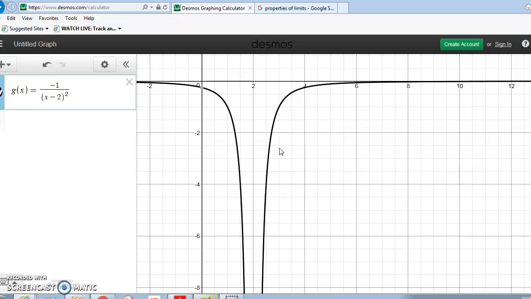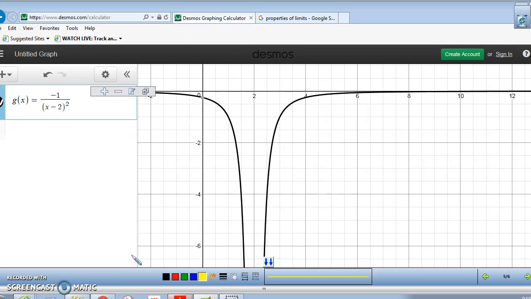So for this one, as we approach 2, the limit as x approaches 2 of negative 1 over x minus 2 squared, what does that equal?